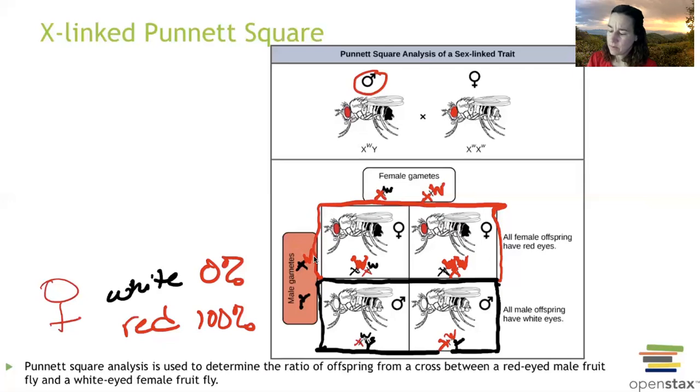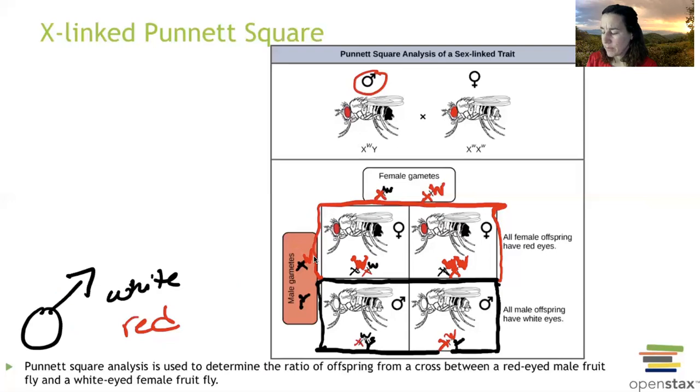What if we asked about the males? If we're looking at the males, again, it's these 2 boxes down here. What's the likelihood of the parents with these genes having a male with white eyes? And if we look, again, there's only one X in each of the male's boxes.